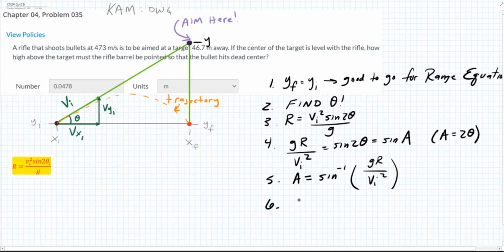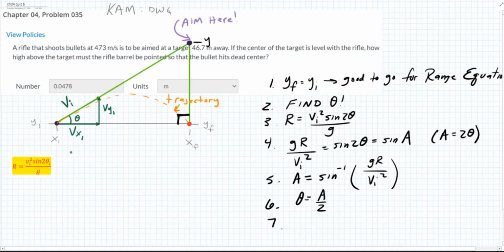In step 6, you're going to say theta equals A over 2. In step 7, now that you have this value, x and y are always perpendicular. So look what I'm doing to my right angle triangle here. I know everything I need to know.